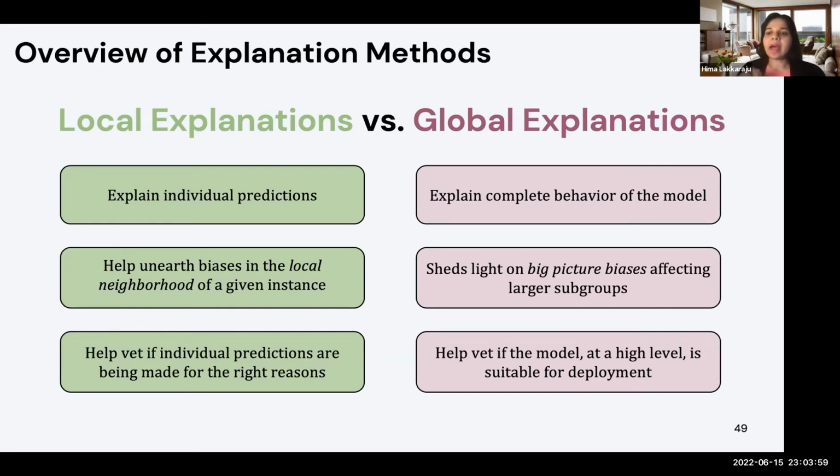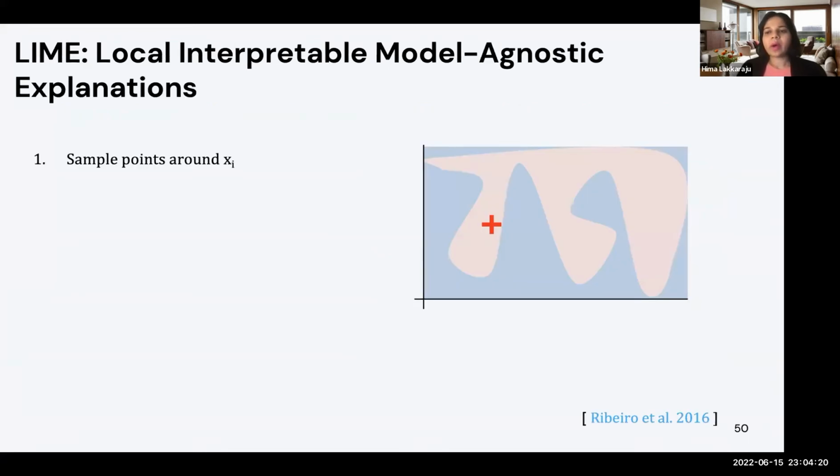And in doing all of this, they can help us vet if the model at a high level is suitable for deployment, right? So those are two high level categories. We'll get into the details of some algorithms which are popularly used to generate local explanations as well as global explanations now.